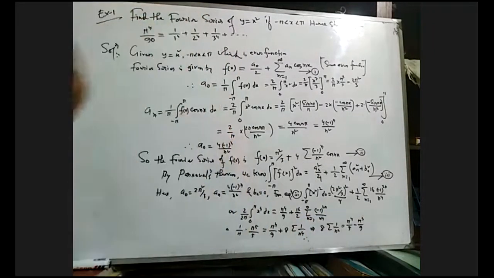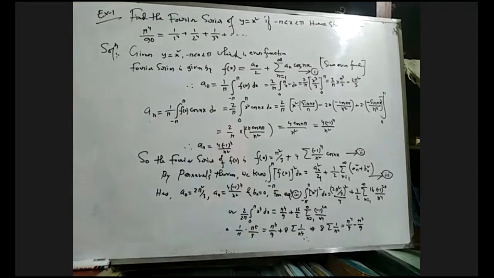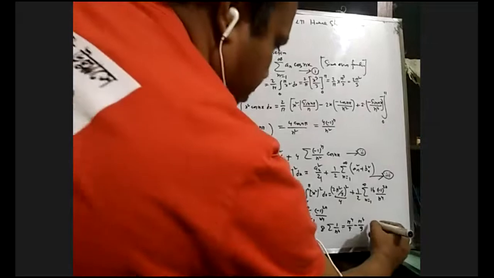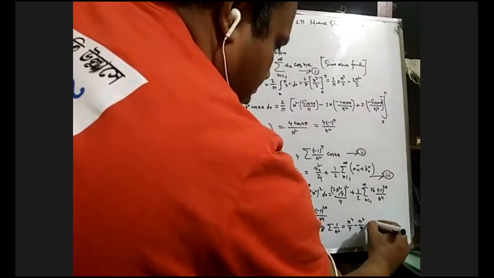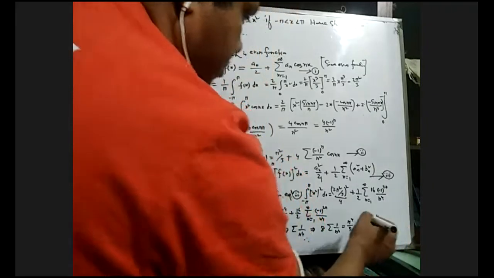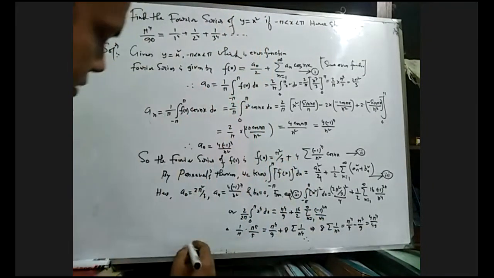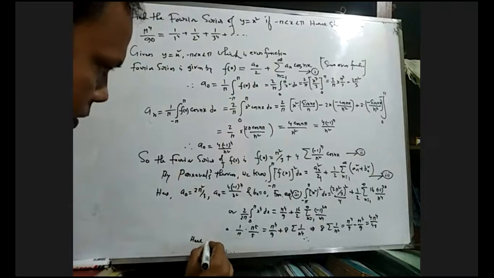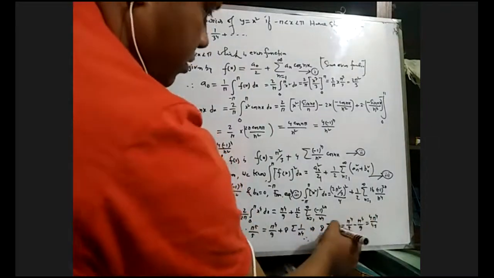Therefore, we get the series easily, which equals 4 pi 4 divided by 45. Thus taking LCM, we get this one. Hence this series equals this.